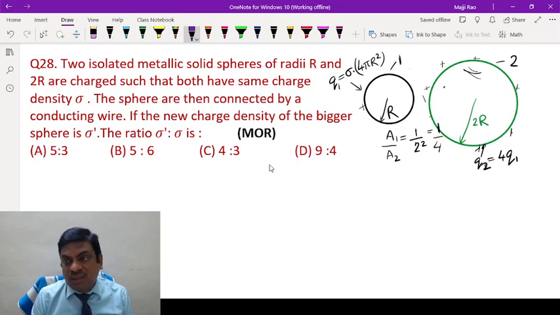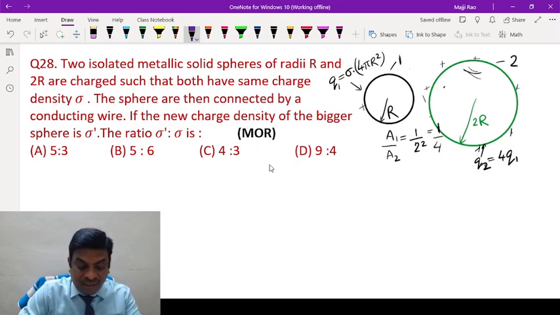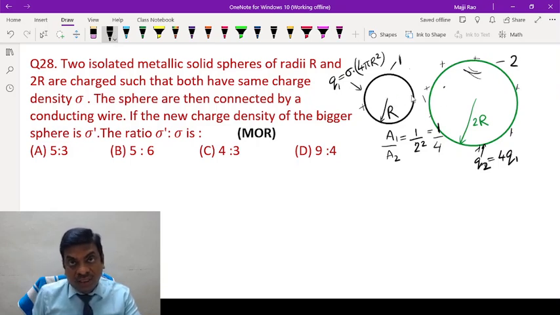Here, as you know, for a sphere the capacitance is equal to 4 pi epsilon 0 r. In other words, capacitance will be directly proportional to the radius, so the charges will be distributed in the direct ratio of the radii. So here the radii are in the ratio 1 is to 2. So the total charge will get divided in the ratio 1 is to 2.